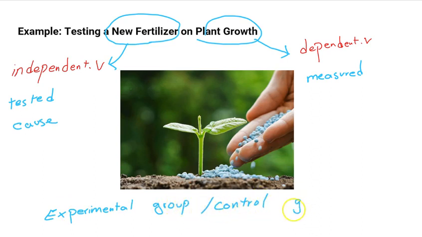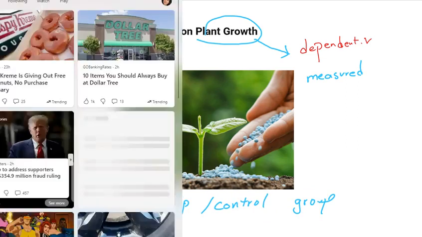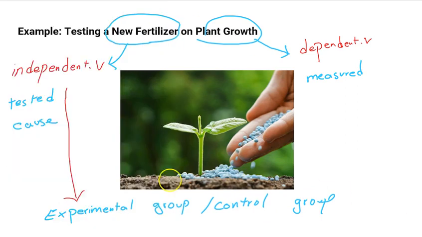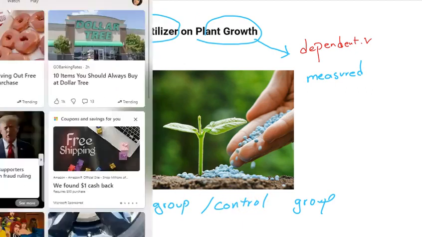In our experimental group, we put our independent variable to be tested. And then to create our control group, you need to eliminate the independent variable.